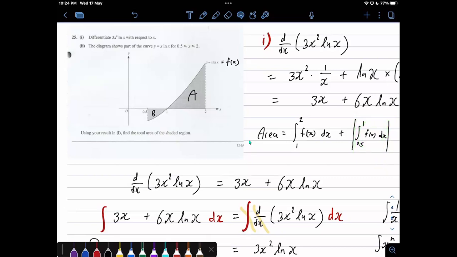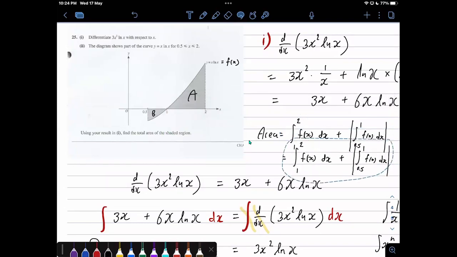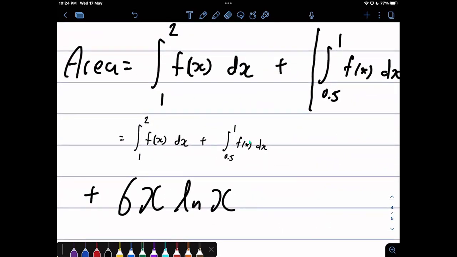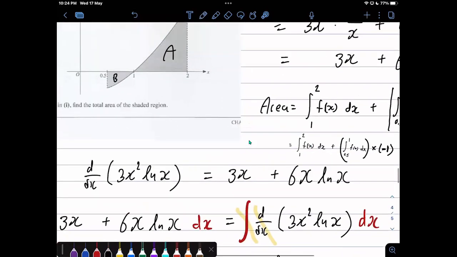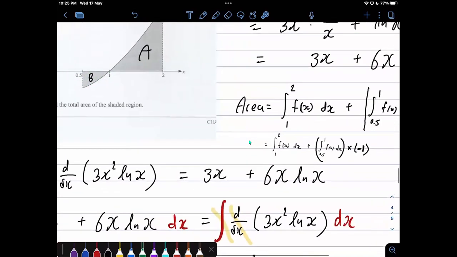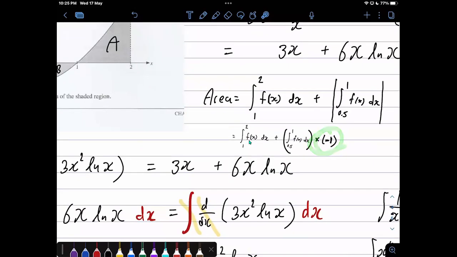So that means you can actually simplify this a bit more, by changing the modulus here into a bracket times -1. We already know that it will be below the curve from 0.5 to 1, so it must be negative. But we want positive area, so just times -1. Okay, very good.